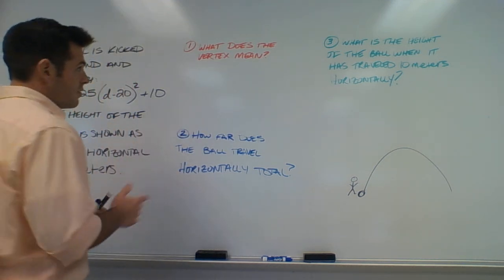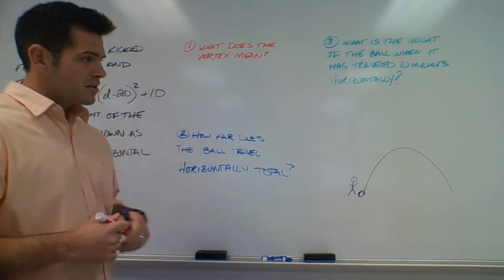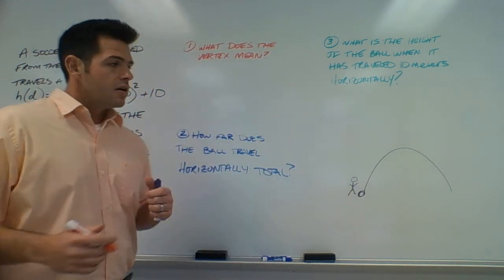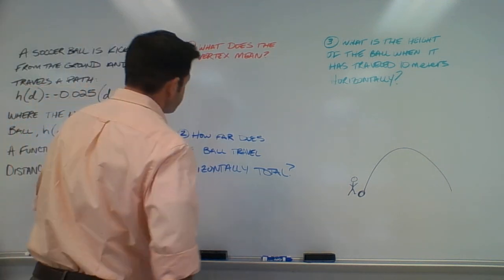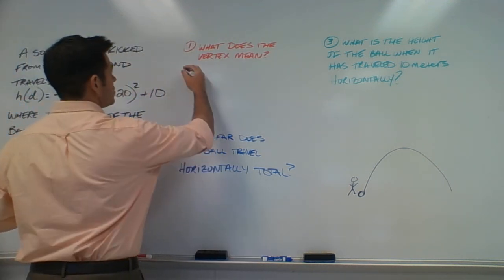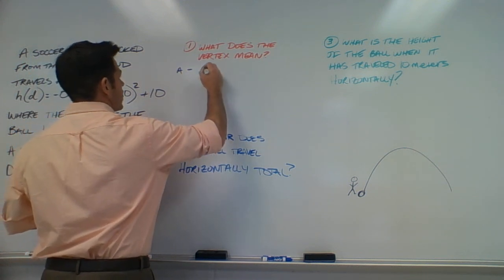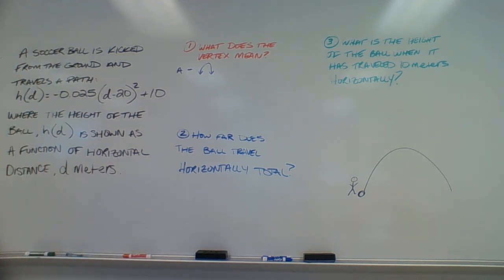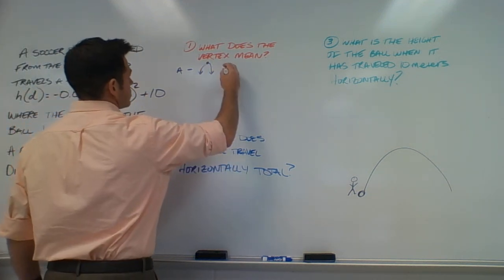Because we have an a value that's negative, the important thing to know about our vertex, which we don't know yet but will once we look at the function, is that the parabola is pointing down. So again, our a is negative. That means we're going to have a downward facing parabola, which means when we talk about our vertex in this problem, we know that it's going to be a maximum location.